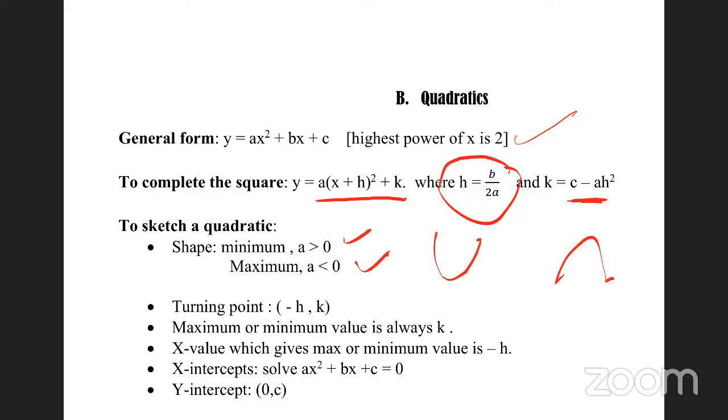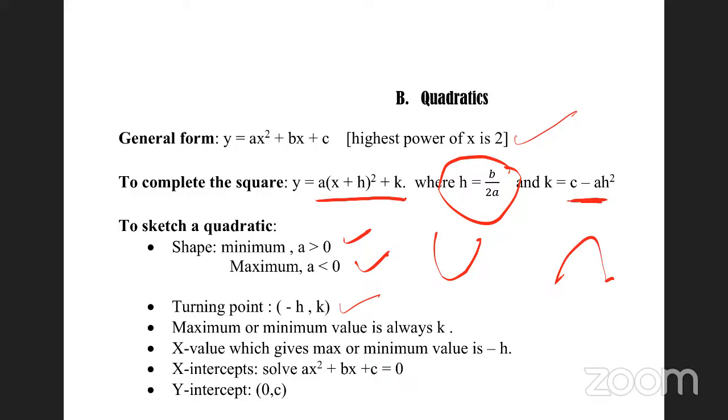That's okay? Nice and easy rule to remember it. How do you get the turning point? The turning point is minus h, k.